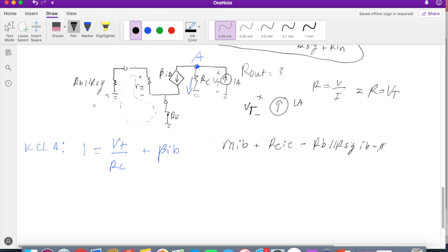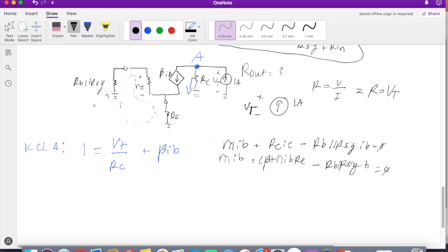Now, we can replace the IE with IB, so we get R pi IB plus beta plus 1 IB RE minus RB parallel R sig IB equals 0.